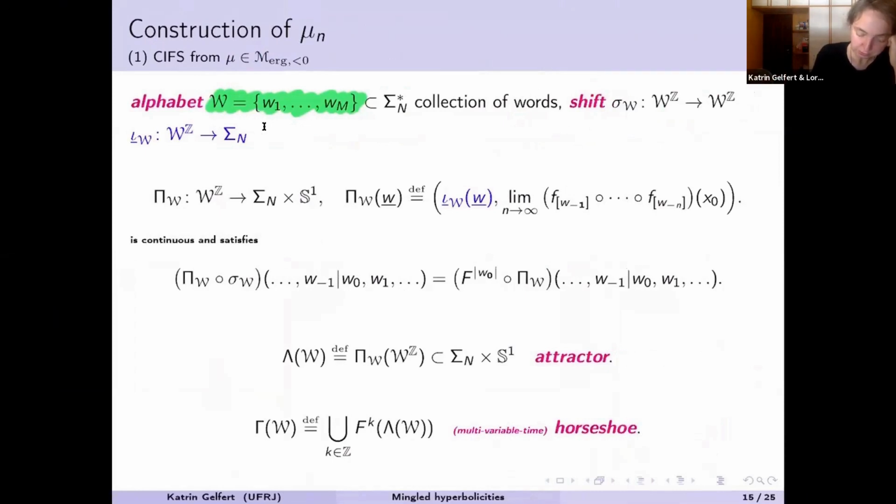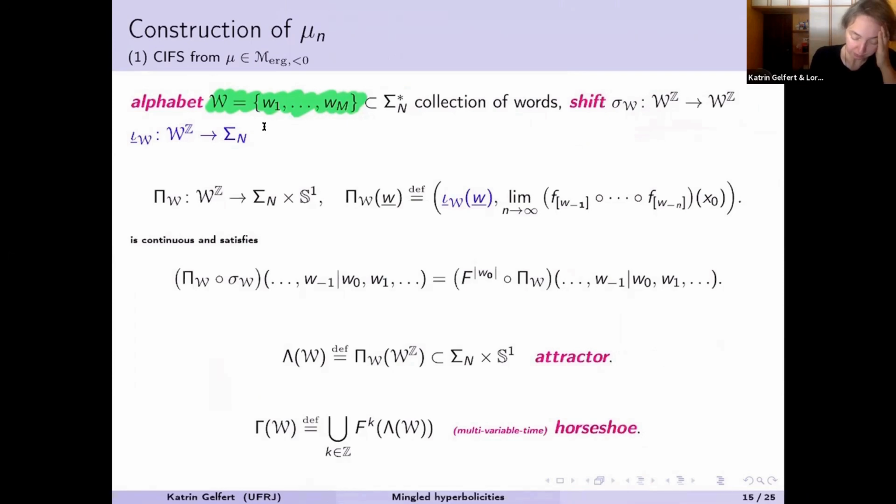And so I look at the space of concatenated words, forward and backward, bi-infinite concatenation of those words, and I look at the shift on this abstract word space. And this defines a contracting iterated function system on the blending interval.